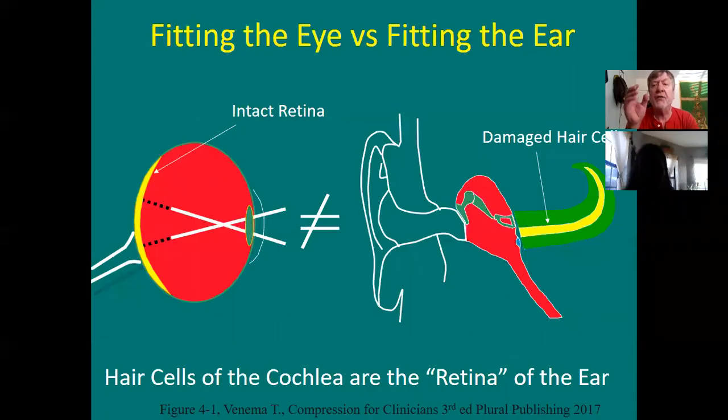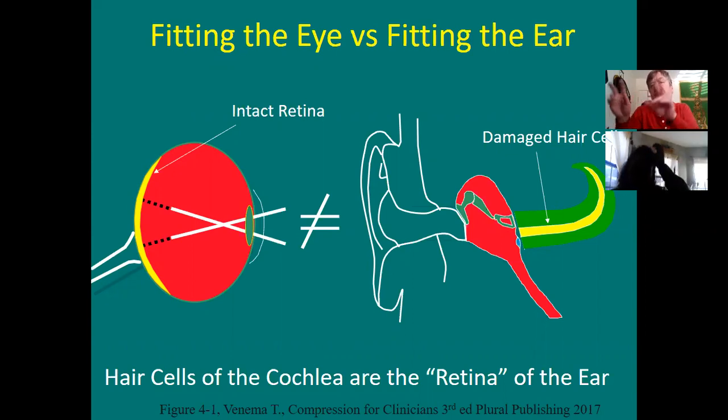Sensory neural is different because the hair cells themselves, the retina, in quotes, itself of the ear is what's damaged. And when that happens, then you have a matter of philosophy. It's a matter of your faith. It's a matter of your belief, your religion. How do you feel that you want to fit this person?